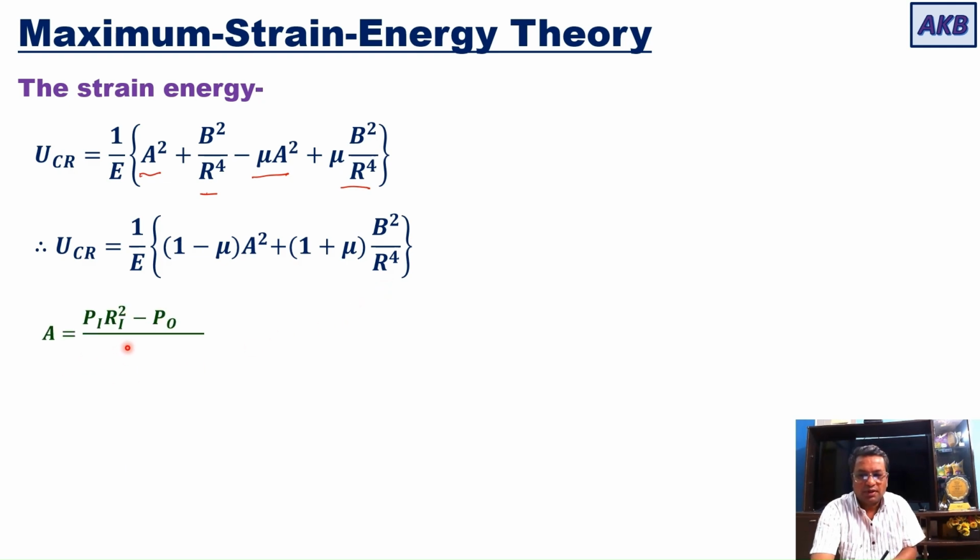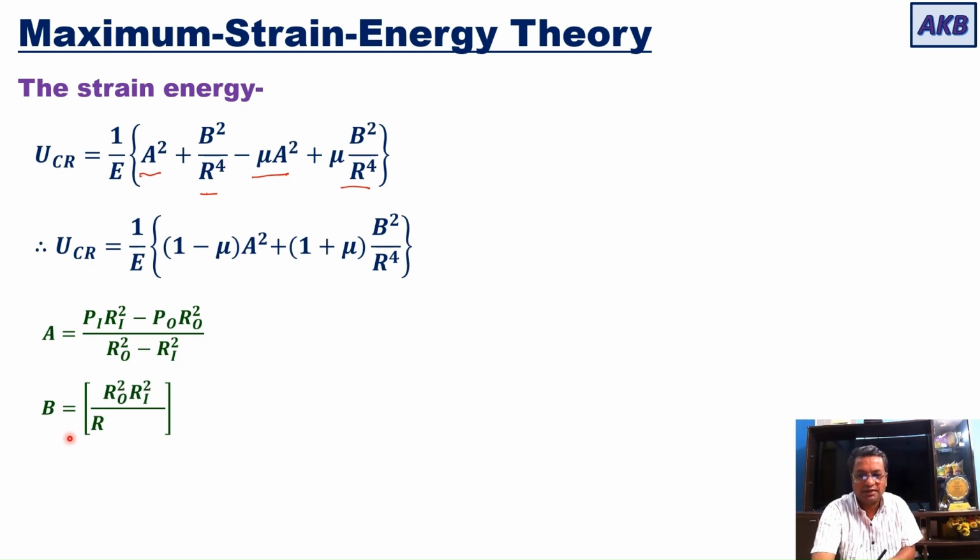Further, let us now use the equations for the constants. How these equations are obtained, I have discussed in my earlier video. So A is equal to (Pi ri square minus Po ro square) upon (ro square minus ri square). Pi is the internal pressure, Po is the external pressure, ri is the internal radius of the cylindrical vessel, and ro is the external radius of the cylindrical vessel.